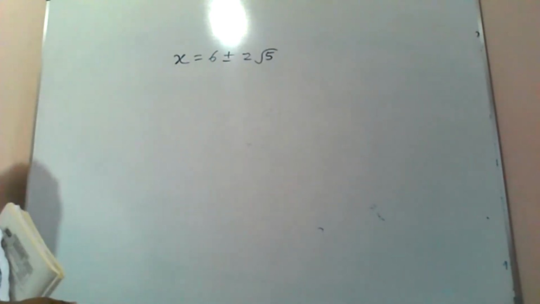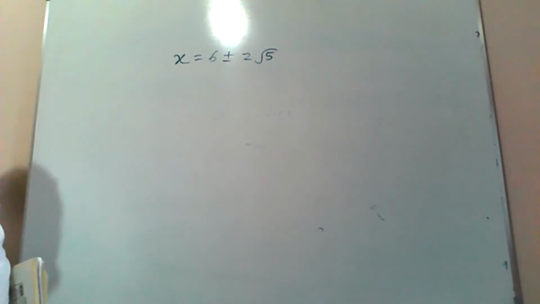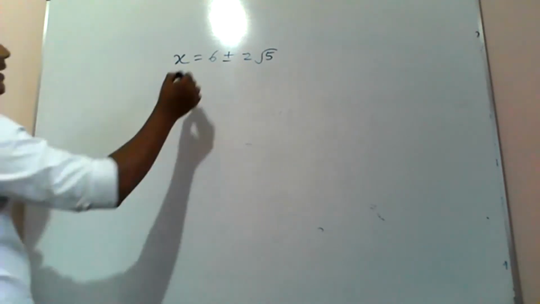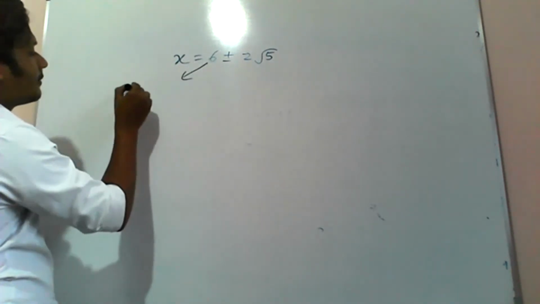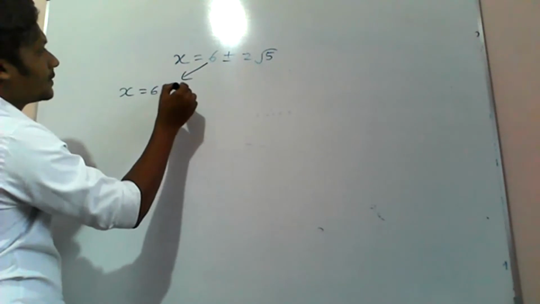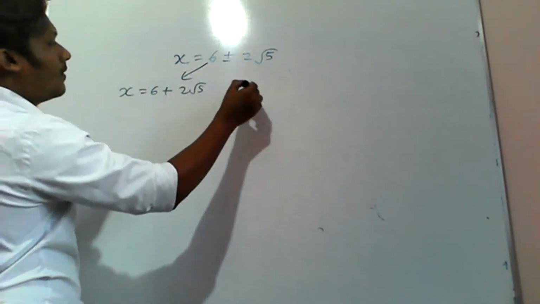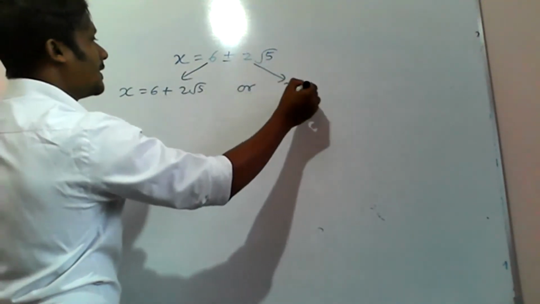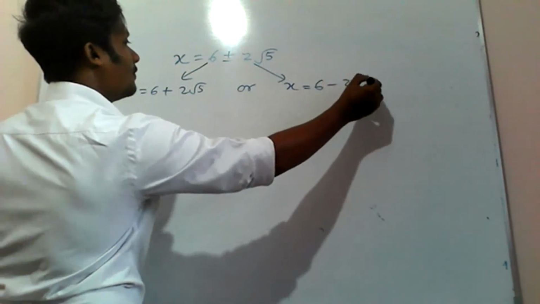Next, what are the solutions? x equals 6 plus 2 root 5, or the next solution x equals 6 minus 2 root 5.